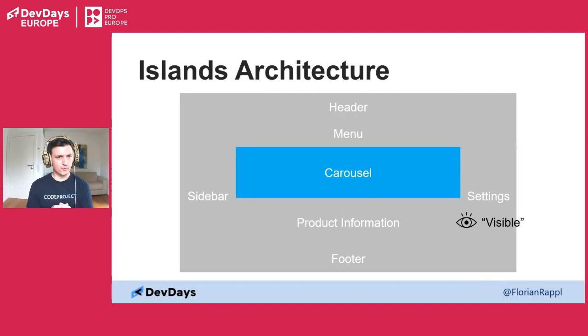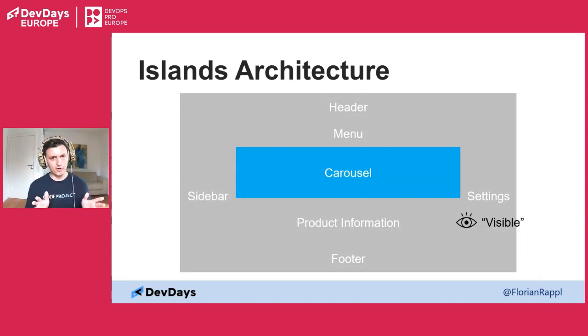Now, for settings, for instance, it could be some kind of a menu that is maybe on the bottom of the screen and you're not always scrolling to it. But once you scroll to it, all the settings there might come alive for whatever reason. So another trigger that you might think of is a visibility trigger. When certain things come into the viewport, you load the JavaScript to make them interactive.